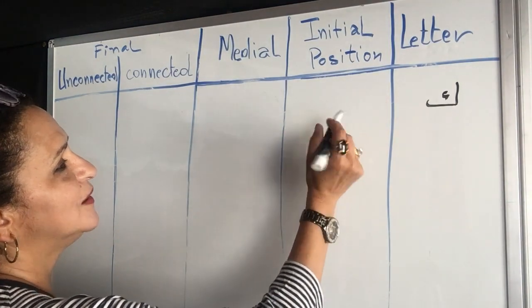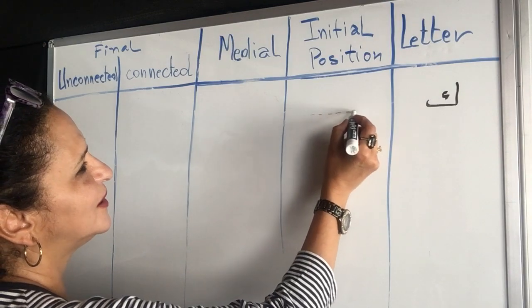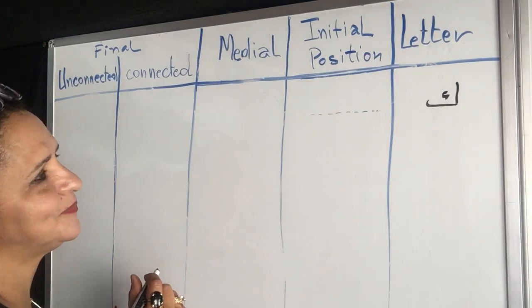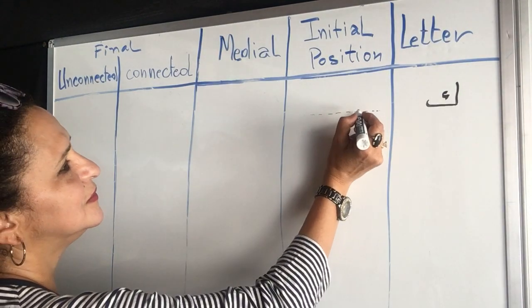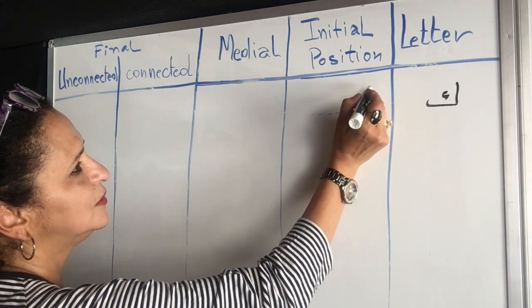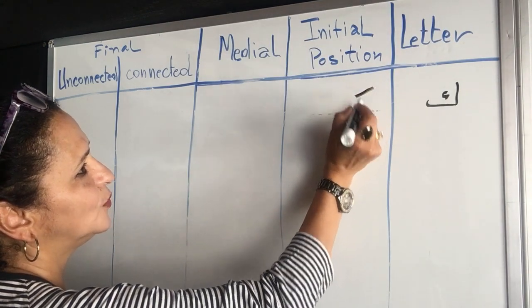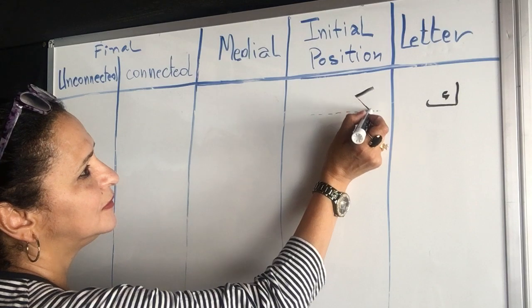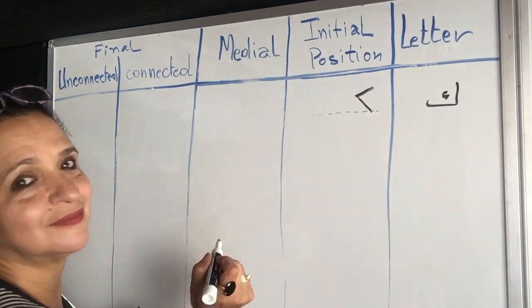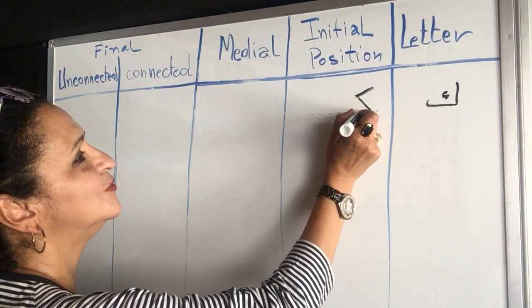Look. Let's imagine this is the line on the notebook. You go above the line before the other line. 1, 2, 3.